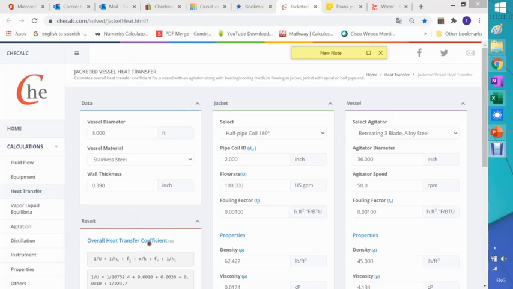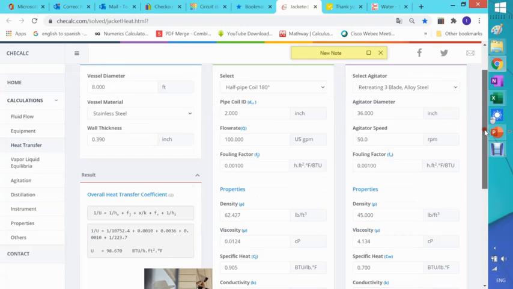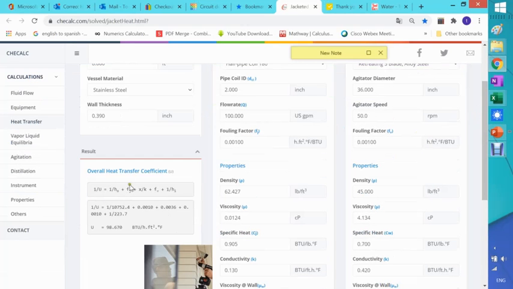As I mentioned before, it determines the resistance value of the jacket part. You add the fouling factor, you add the conductivity resistance part, you add the fouling factor of the vessel, and you add the resistance part of the inside of the vessel. When you add all that together, it will come out with a value.